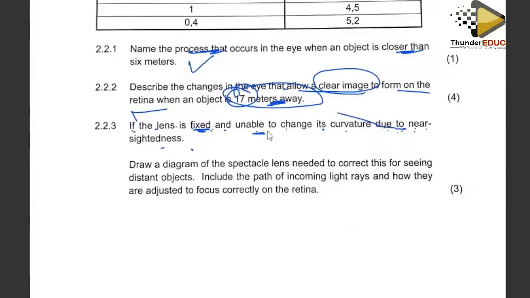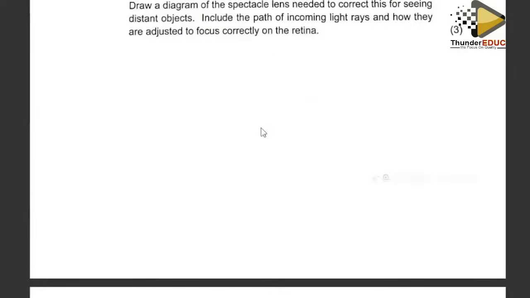It's different. So they're saying if the lens is fixed, unable to change, it means that you are stuck on the nearby object. You're able to see objects which are near, like you can't change. Remember, if you are seeing the objects which are near, the lens is supposed to be fat.